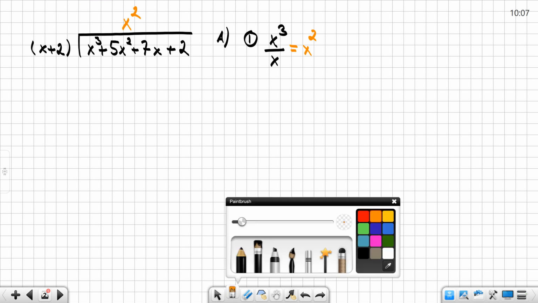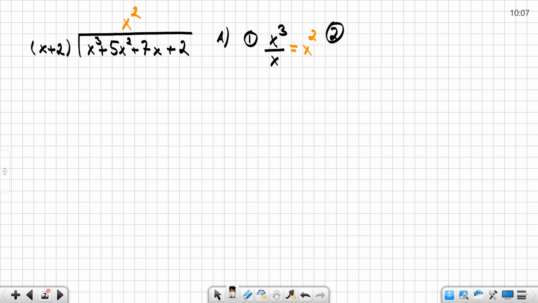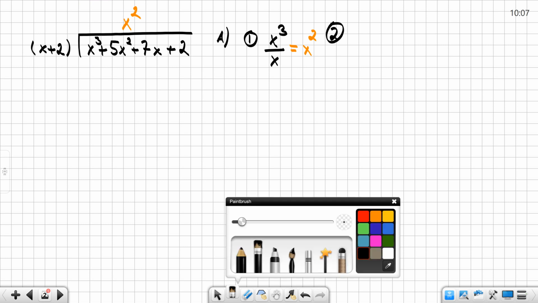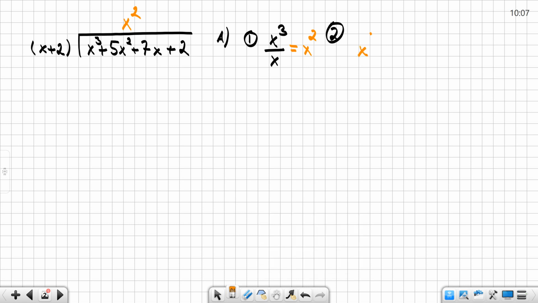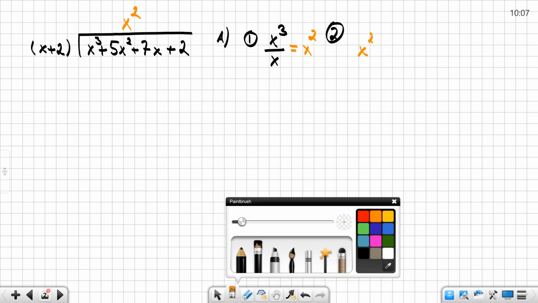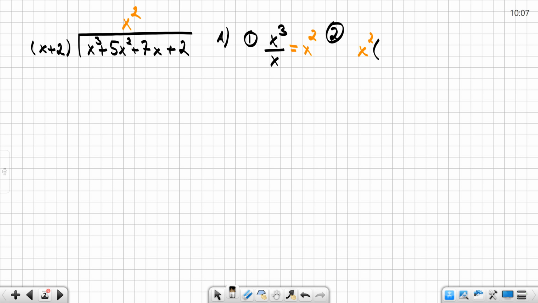So in my step 2, the second step now, I will take the x squared and I will now multiply it with all of the divisor, x plus 2. And what is it that we are going to get this way? X squared times x is x cubed. X squared times 2 is plus 2x squared.